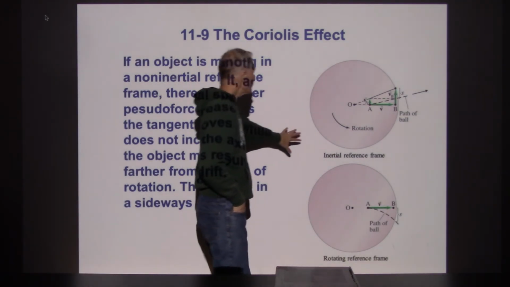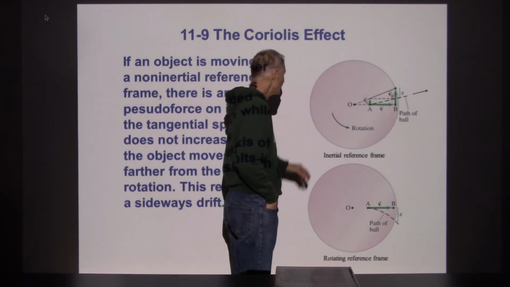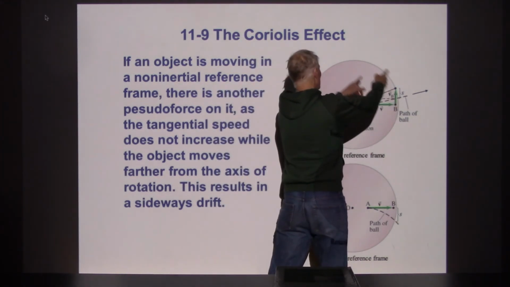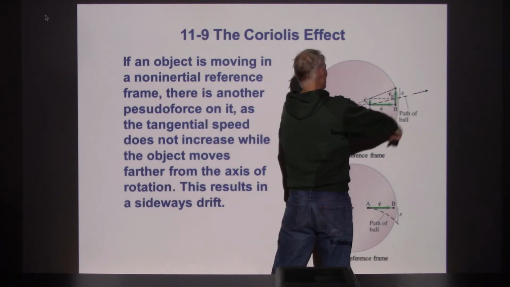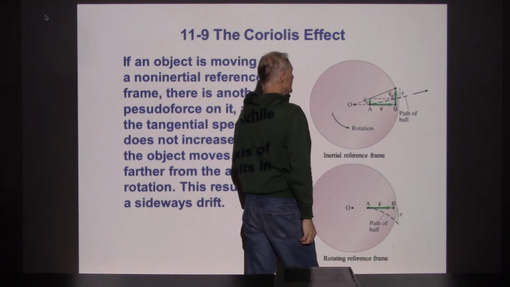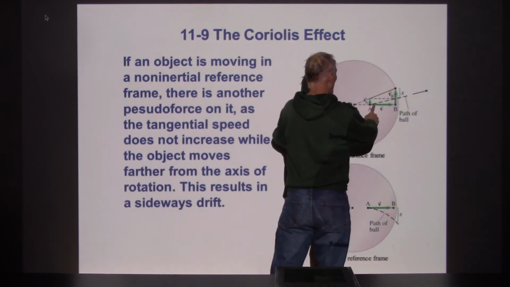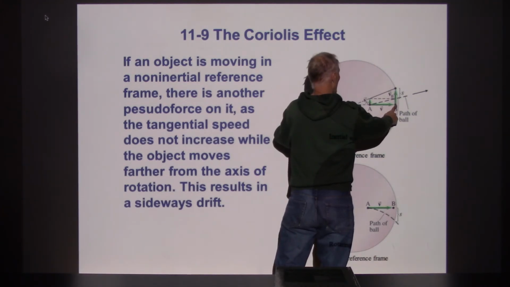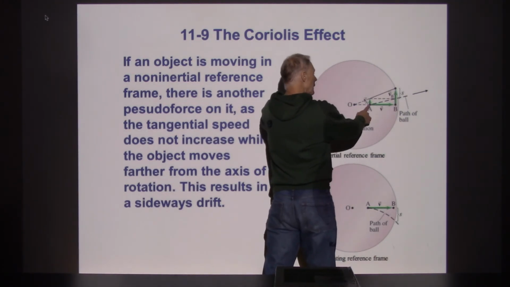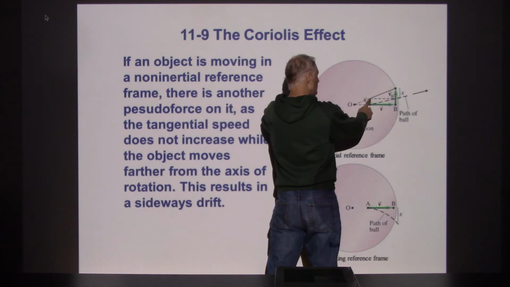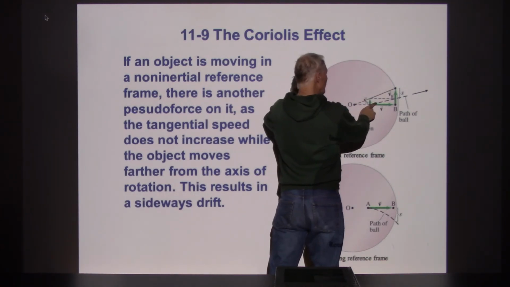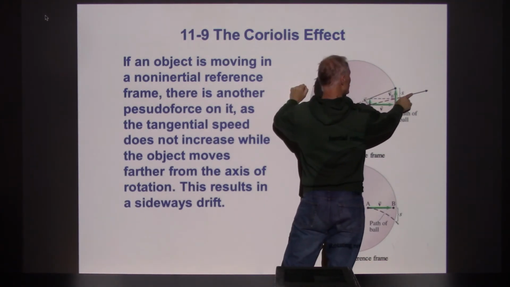If we have a rotating platform here, we can see that if the person throws the ball from point A to point B, because the person was moving, the ball is going to get thrown and it's going to travel in this direction.